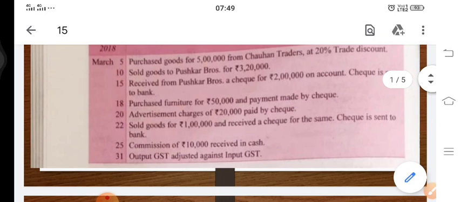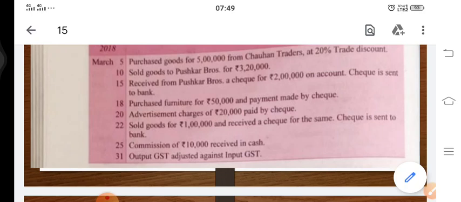And the next point we have is purchased furniture for rupees 50,000 and payment made by check. Now students, do remember that even if we are purchasing fixed assets, we must pay GST on them as well, because GST is applicable to almost everything except some basic necessities.